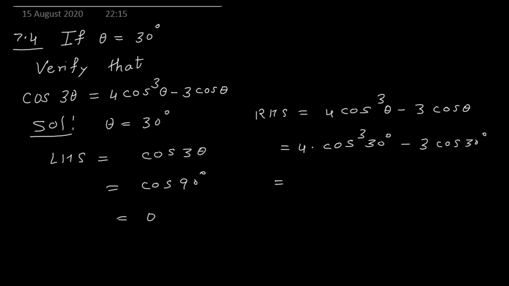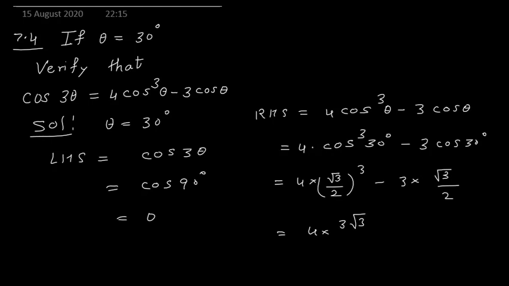This is equal to 4 into cos cube 30 degrees. So cos 30 is root 3 divided by 2. So root 3 divided by 2 the whole cube, minus 3 into cos 30, that is root 3 divided by 2. So here we will get 4 into root 3 cube, which is 3 times root 3.